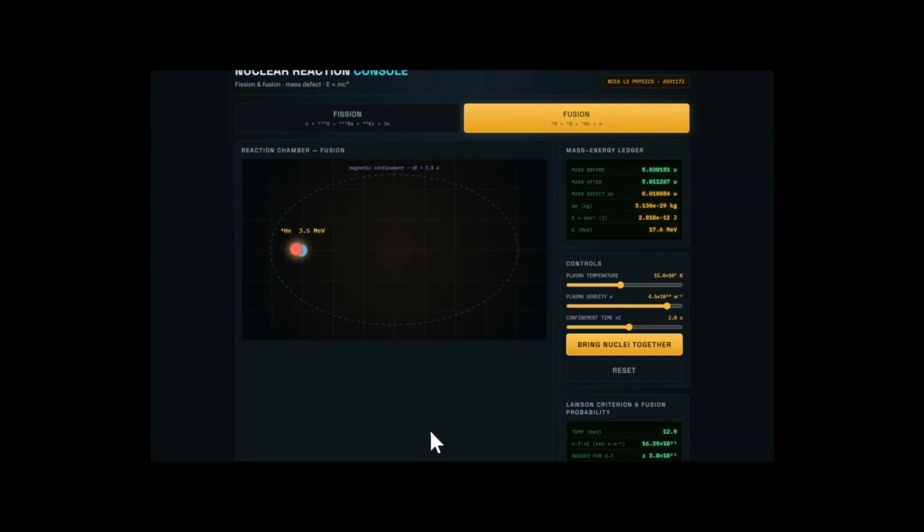And that is one of the problems of fusion energy, that it takes a lot of energy to get the reaction going before we can get energy out. It's a big hurdle, and it hasn't quite been solved yet. When it's solved, it's going to be a pretty good thing.